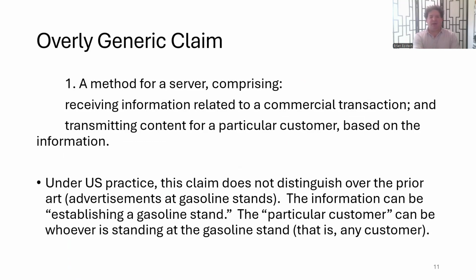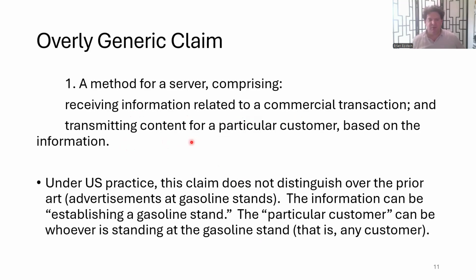Under US practice, we interpret these claims very broadly. This claim does not distinguish over the prior art, advertisements at gasoline stands, right? You begin a transaction, it sends some sort of information, and then it transmits the advertisement to the customer based on whatever, that the gas has started flowing, right?